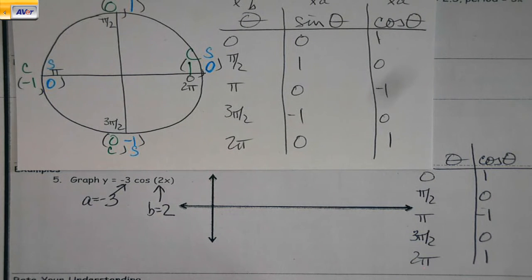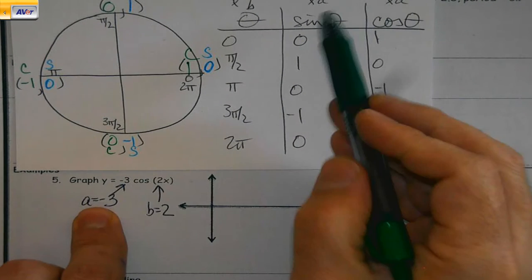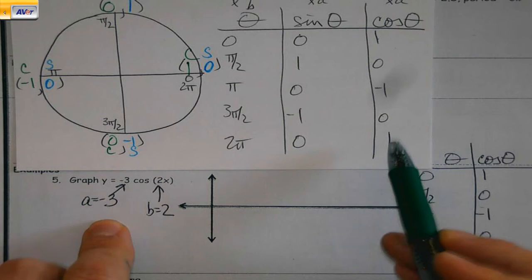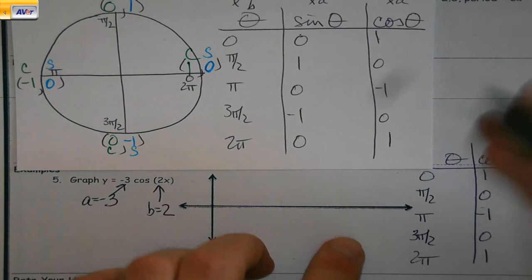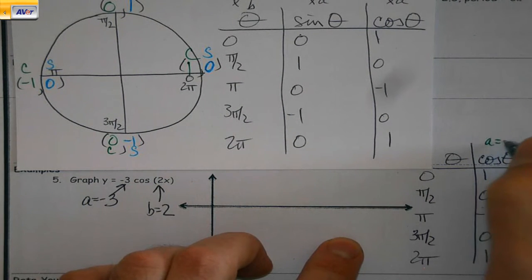So now, what are we going to do? Well, I'm going to look at them and go, okay, the A value, that has to do with my cosine values. So since my A is -3, I'm going to multiply all of these by -3.